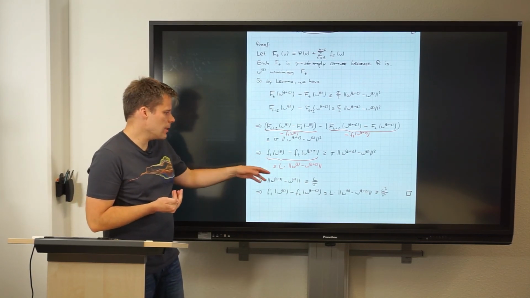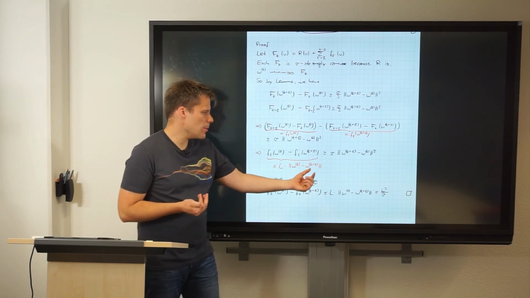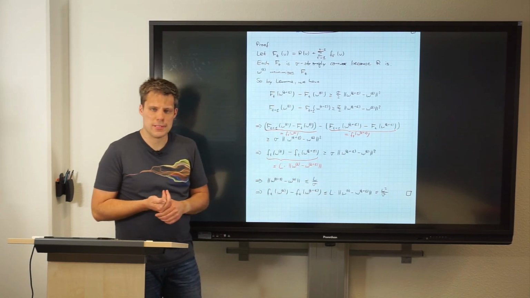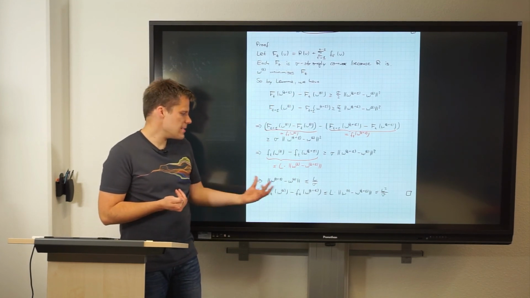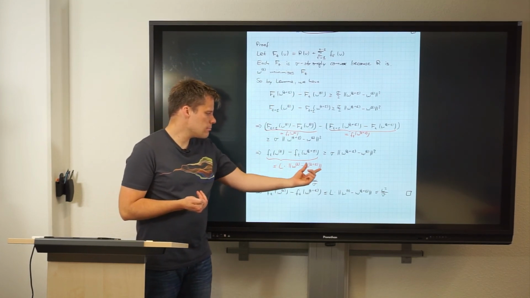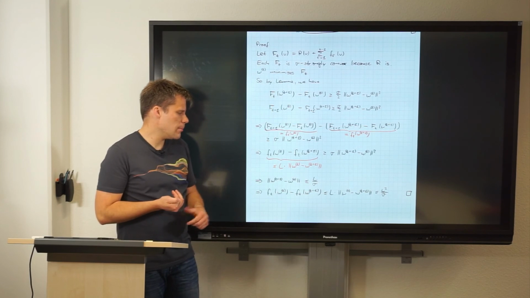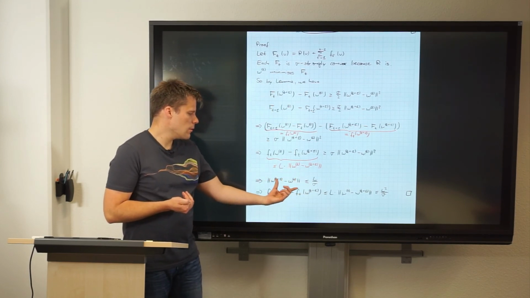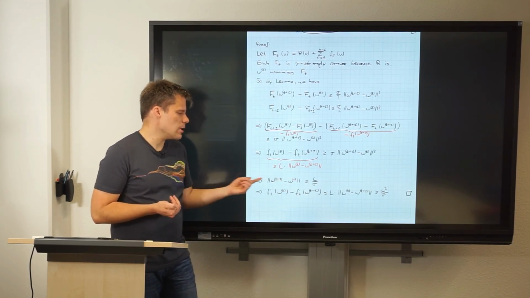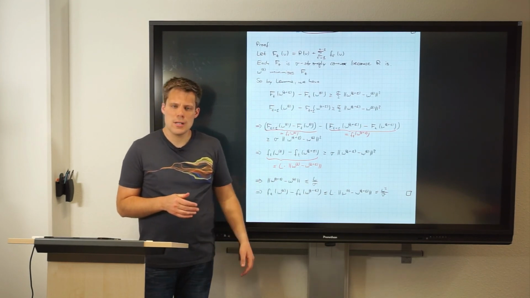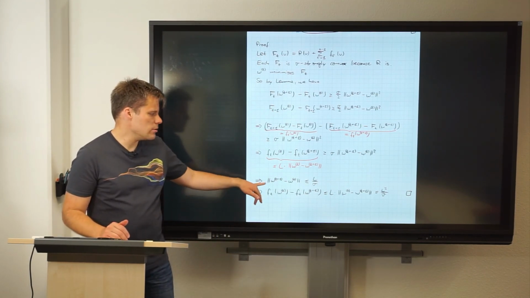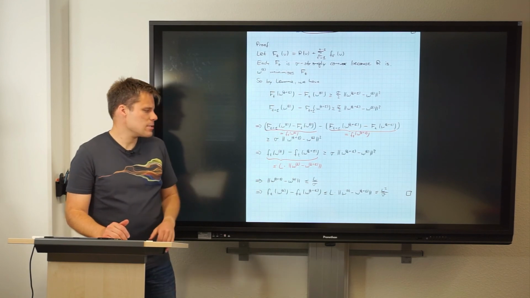And this is why here on the left-hand side we don't have the square, here on the right-hand side we do have the square. And this is why we can effectively divide by this norm. By the way, if this is 0, then this inequality is true, of course, as well. So that's kosher to do. And then we use this Lipschitz condition once more.